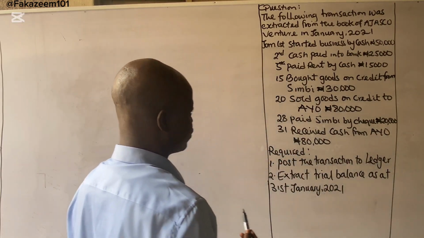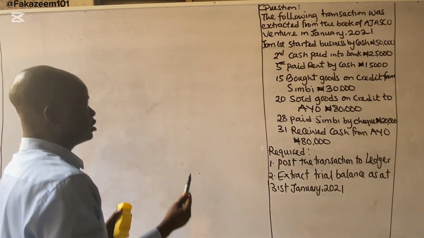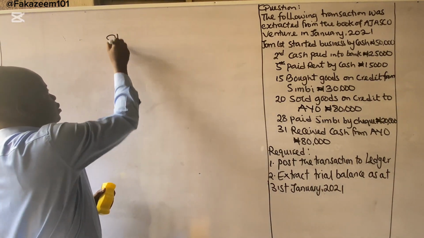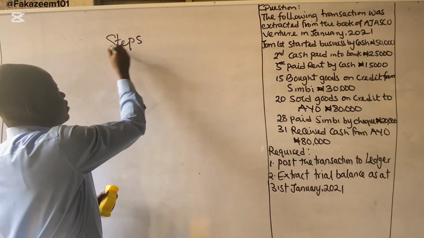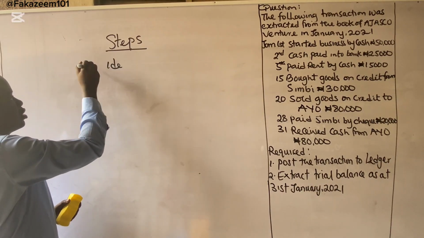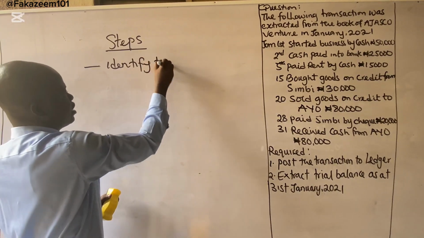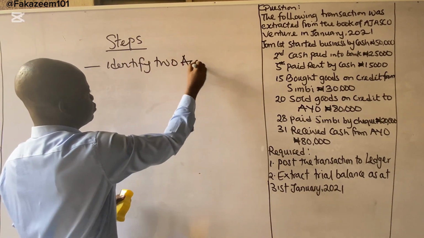Now, looking at this question, there are steps in preparing a ledger. The first step is that students should identify the two accounts.